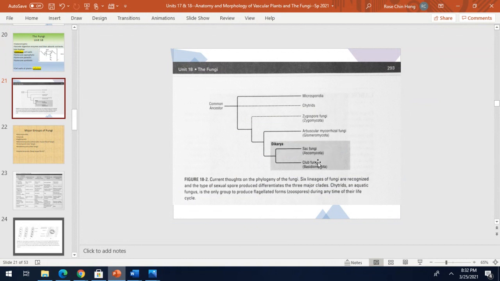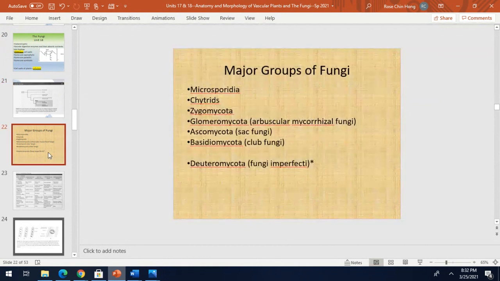These two groups of fungi, two lineages, are dikarya, which means they have two different types of nuclei. Here I have put it out in regular format, so this is the same as we see in the former slide.